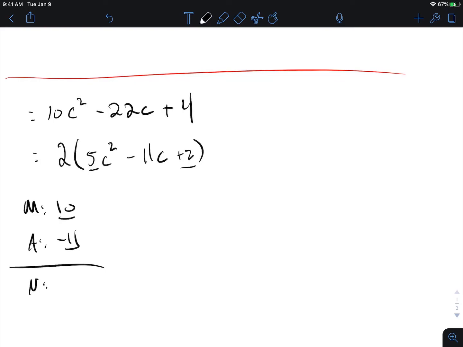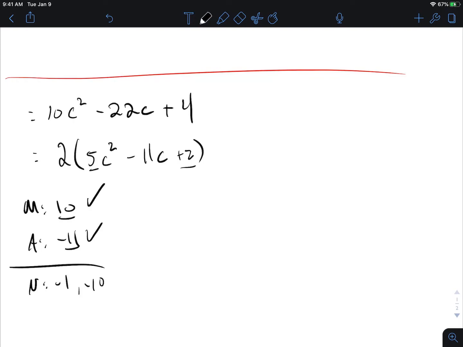I'll start at 1, because 1 times 10 is 10, and then I could make a combination of negatives to give me negative 11. So 1 and 10 checks out the multiplying. Then 1 plus 10 is positive 11, so that's not useful. But if I make them both negative, then it works. That also satisfies the addition.